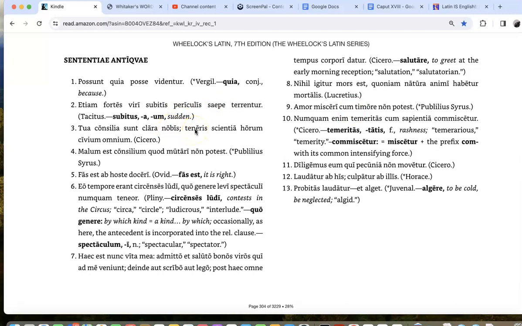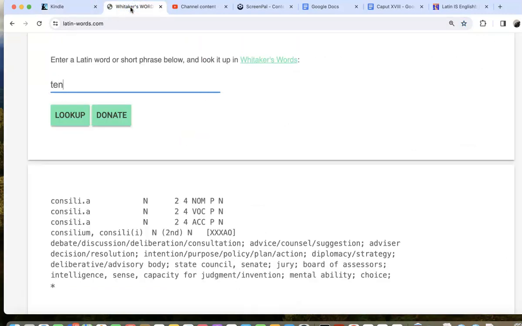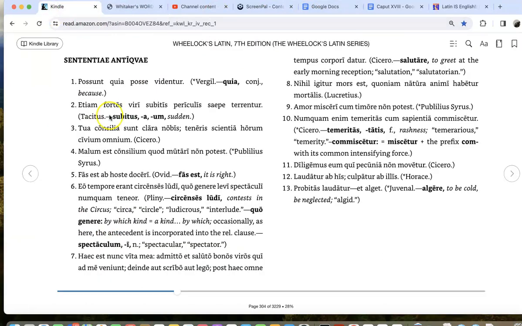And then tenes, this is a word that could mean you hold, keep, comprehend, possess. So maybe keep or comprehend. Let's see how that works.